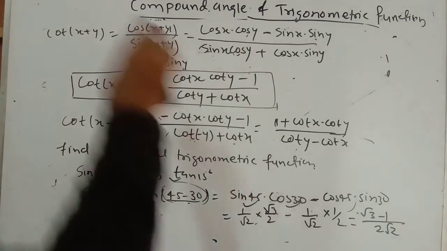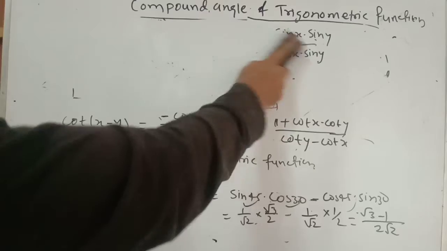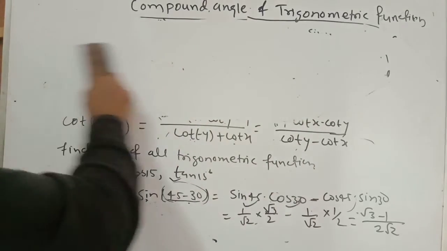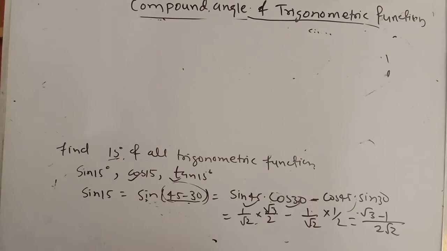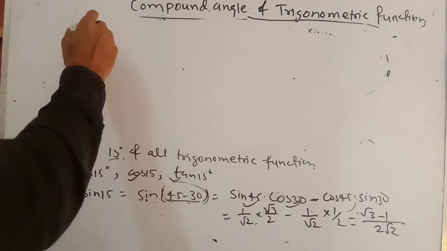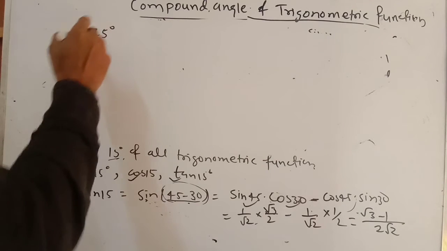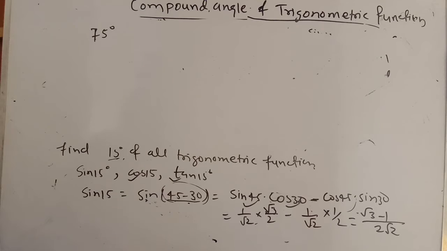And another angle, let's take 75 degree. So also the 75 degree of all trigonometric functions you can find with the use of compound angle of trigonometric function. So how can you find the 75 degree of all trigonometric functions with the use of compound angle?